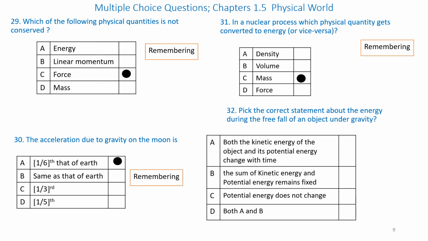So choice A and B are correct. Choice C, potential energy does not change, is not correct. So choice D, both A and B are correct statements. So let us remember and mark D as the correct answer.